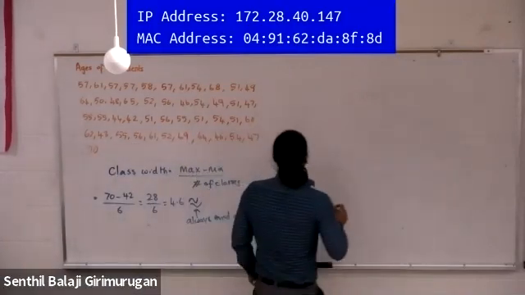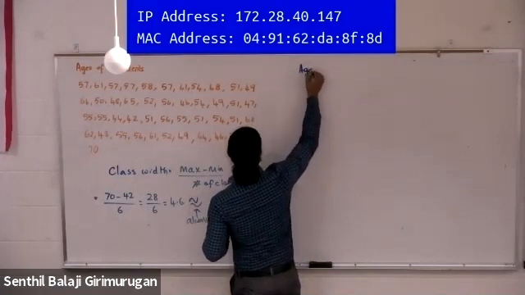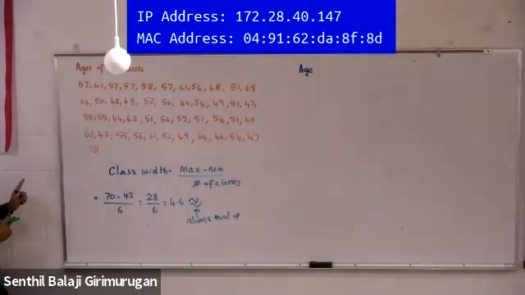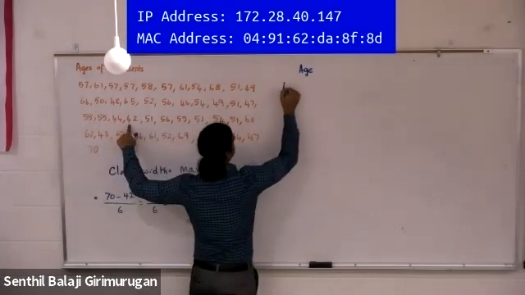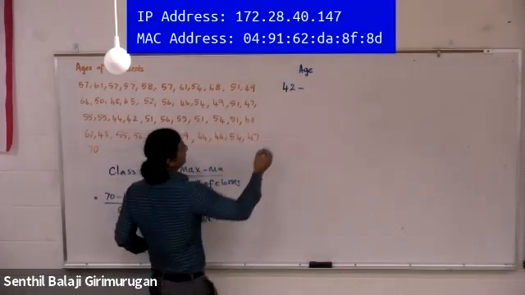So once we have the class width, we are going to start with the smallest observation, which is 42, and the class width, which is 5.